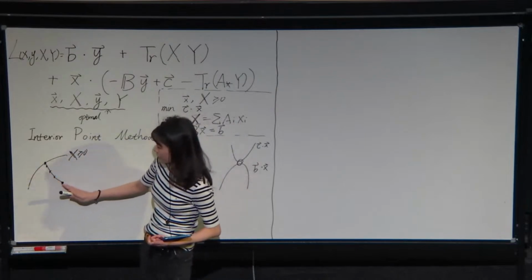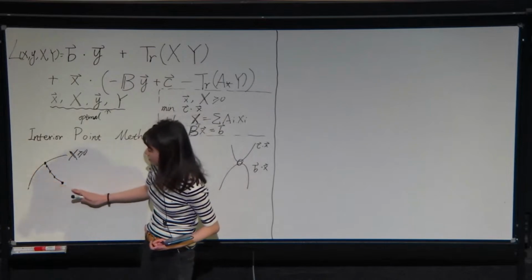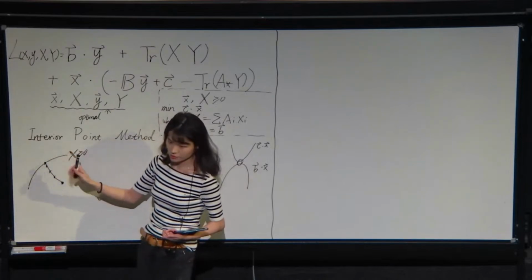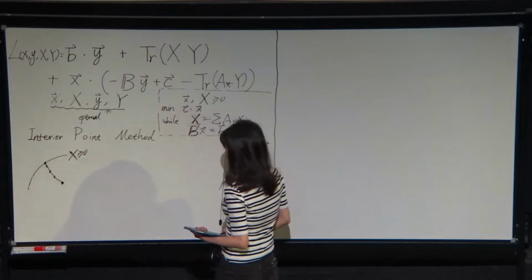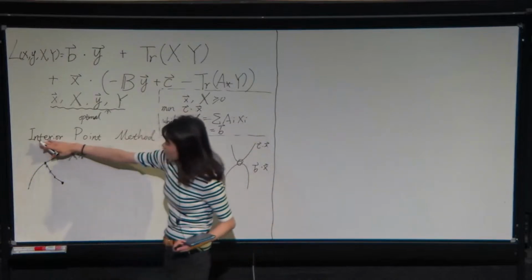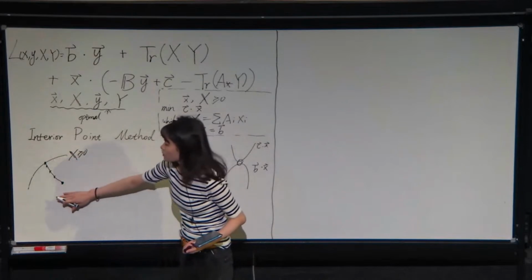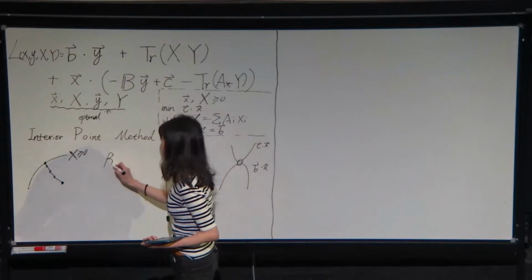This is why it's called interior: it stays inside instead of going directly to the boundary and trying to converge on the boundary. In order to stay inside, we'll need an additional term called the barrier term.